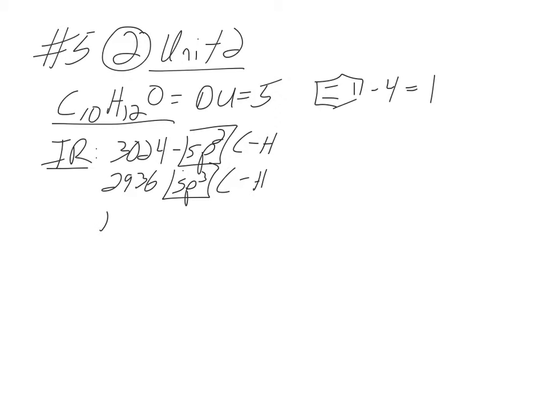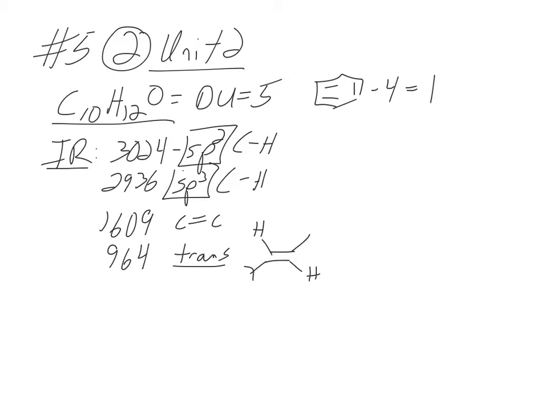Peaks at 1609 and then 964 should tell us CC stretches. And 964 is a very specific one found on table 13.5, and that's for a trans alkene. So the IR tells us that.